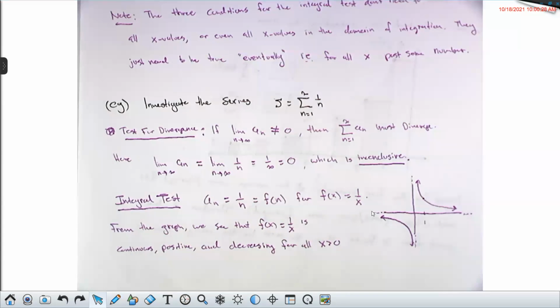It's not always going to be this easy. Sometimes you will have to use that derivative work to show that the function is decreasing. Or sometimes you will have to use theorems from 2.5 to show that your function is continuous. But here we know the graph, life is good.